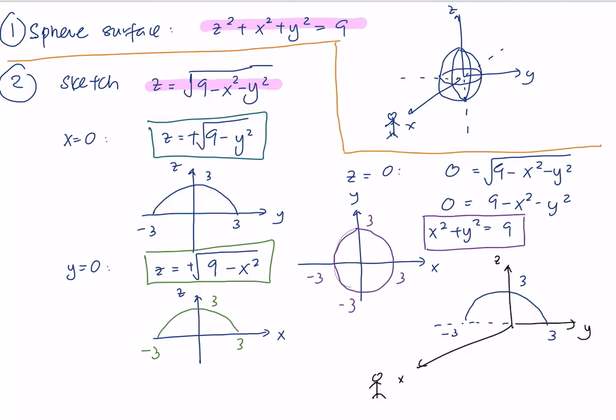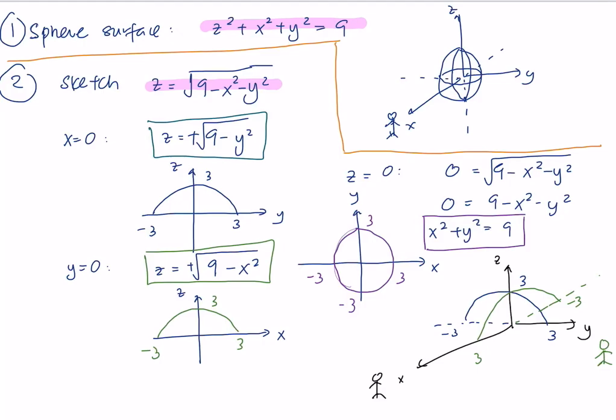If you are at the y here, you can see the side wall, which is the z and x axes, from minus 3 to 3.